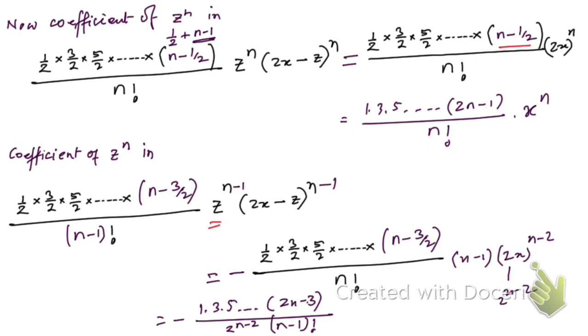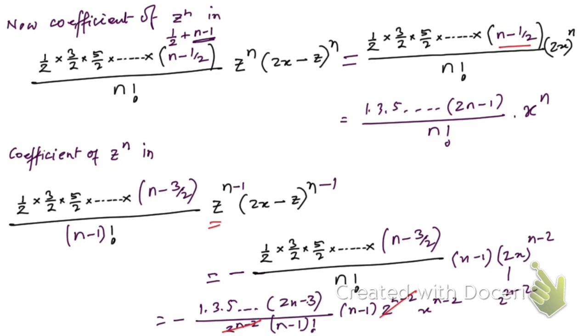Now you see, here we're gonna get n minus 1 into 2 to the power n minus 2, then x to the power n minus 2. That's what we're gonna have. Then these two terms cancel, right?